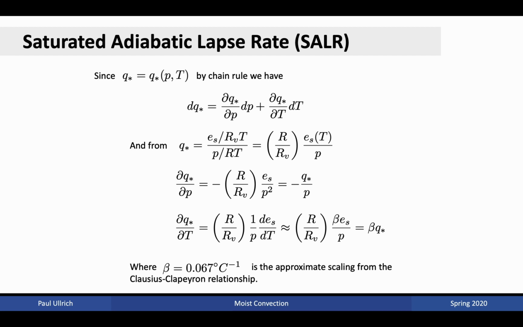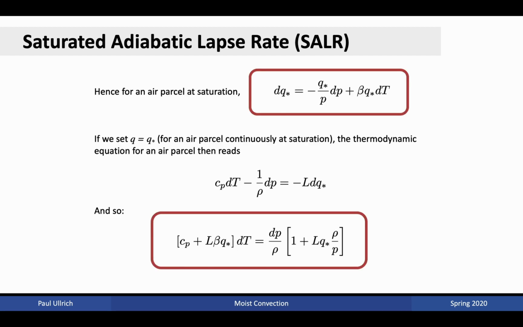Again, this is dependent on environmental conditions, but for this theoretical derivation, we can again approximate this as constant, and that constant comes out to be approximately 0.067 inverse degrees Celsius. With this approximation in hand, and plugging back the definition of q* into this relationship, we then obtain ∂q*/∂T equals beta times q*.